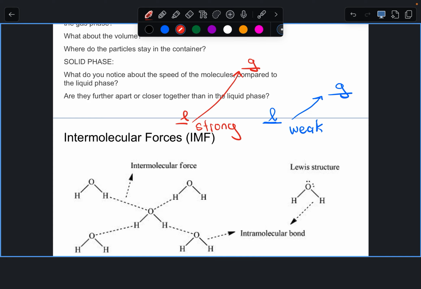Whereas water, you just have to put it at room temperature and it turns into a liquid. That's a solid to liquid transition. So the stronger it is, the higher its melting point is going to be, the higher the temperature at which it would move from a solid to a liquid, or the higher its boiling point would be as well.